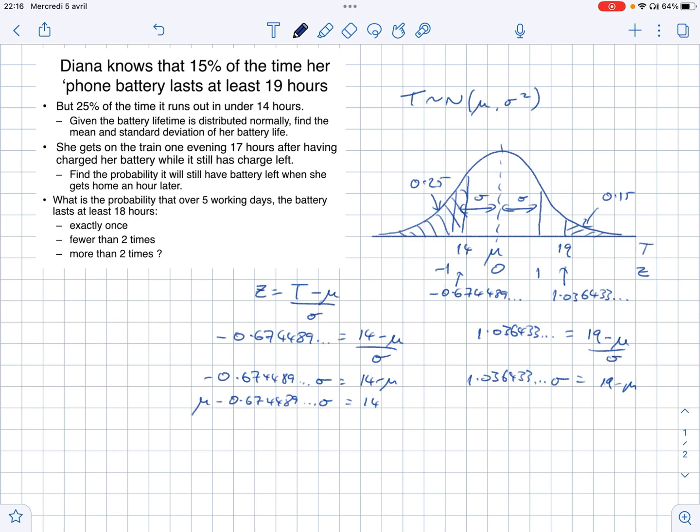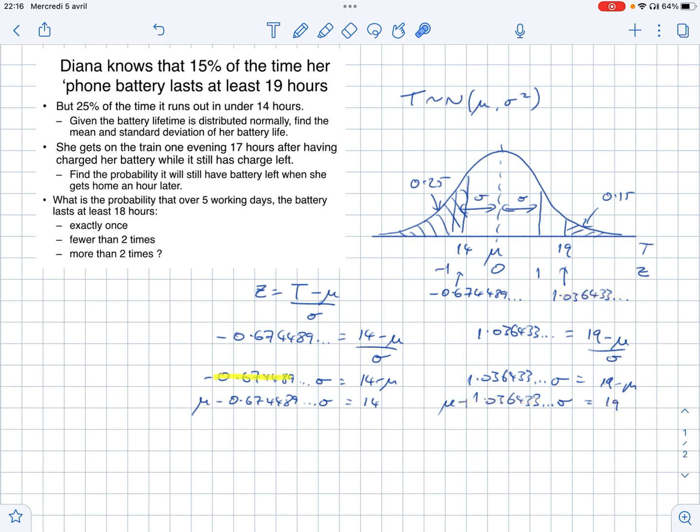And on this one, mu plus 1.036433 sigma equals 19. I can put this in with 1x and negative that value from my memory, y, equals 14, and the second equation is 1 mu, then this value from memory here.